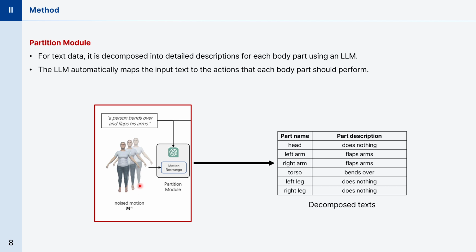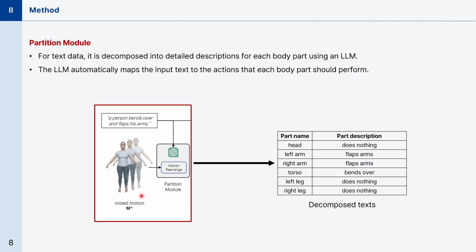Now, let's take a closer look at how the partition module processes text data. For text data, the partition module uses a large language model to decompose the global text description into detailed instructions for each body part.